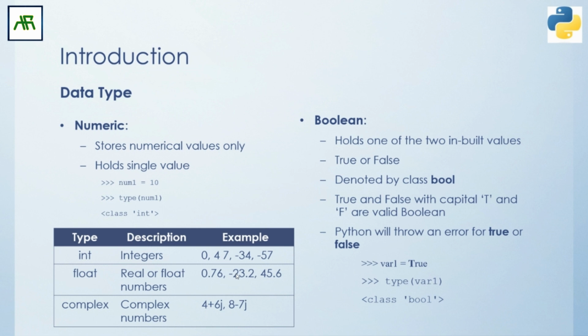The most important aspect that we need to remember here is this true or false assignment should start with an uppercase letter. If it is true, start with uppercase T, True. If it is false, start with uppercase F, False. Python will throw an error if it is not starting with the uppercase letter. Example here, var1 equal to True. I've highlighted T just to reiterate. The type of var1 will be printed as bool.